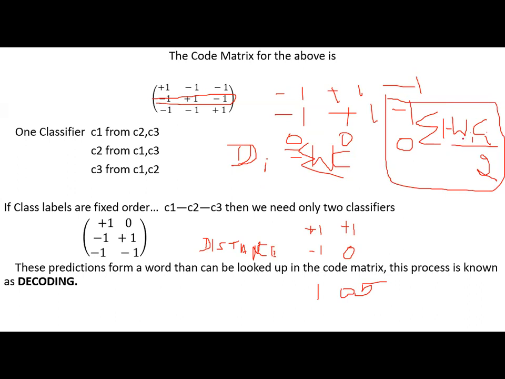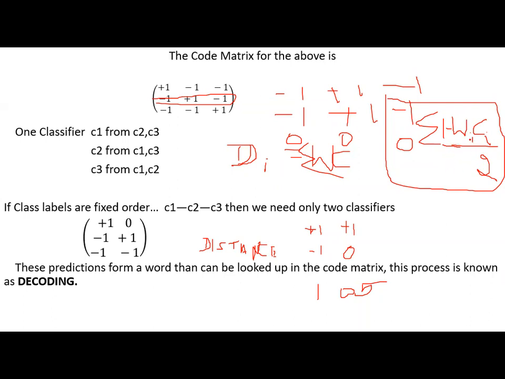Now see here, -1 into +1 gives you -1. For example, if we apply this with equal ones, what happens? 1 into 1 becomes 1. 1 minus 1 becomes 0. 0 by 2 is 0. Clearly it is giving us 0 if Wi is equal to Ci.